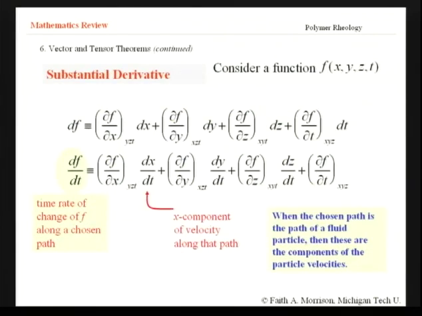And I have one more definition that I want to do before we actually turn to the mass balance and the momentum balance, and that's the substantial derivative. Let me start by saying that you've seen this before.